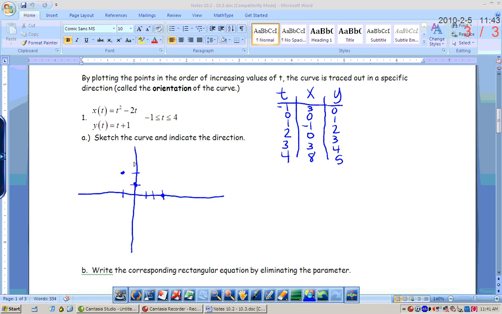And then 0, 3, 3, 4, and 8, 5. We're literally just plotting normal x, y.